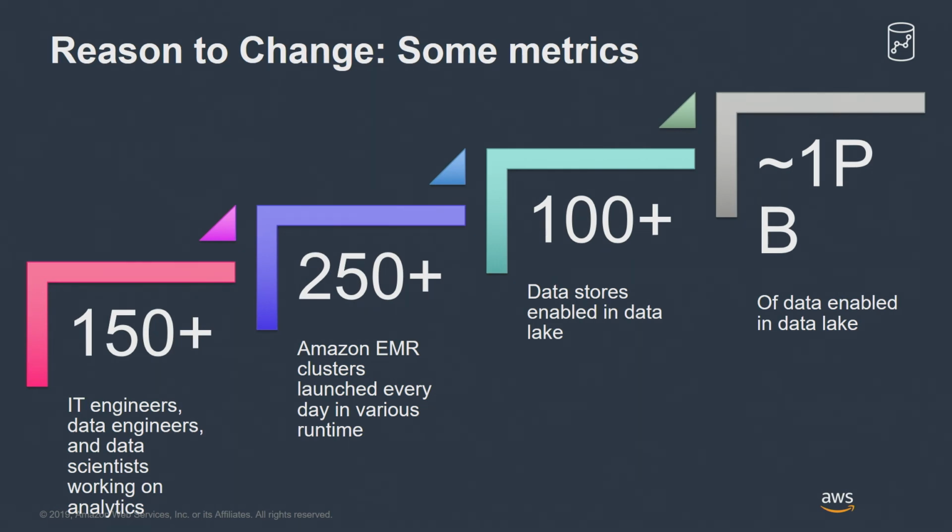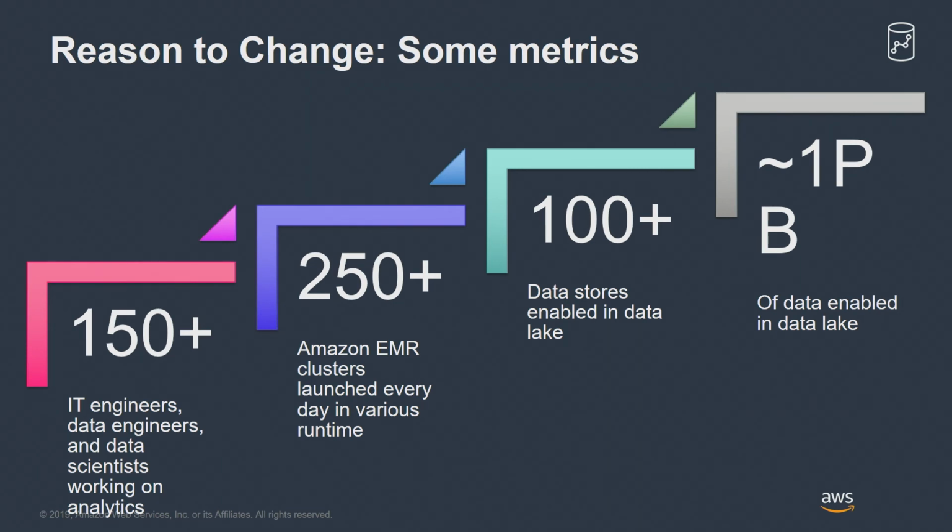That included engineers, data scientists, and other personas getting access to create EMR clusters. They had over 250 EMR clusters spin up every day. That means that some of them will be running for longer, but at least 200 plus running continuously at different points in time. They had over 100 data stores and about 1 petabyte of information, which again, is a great outcome. Everybody was happy. Yeah, we are growing.